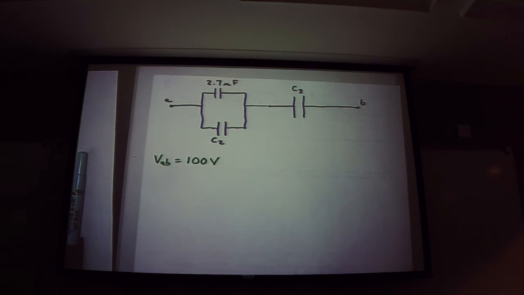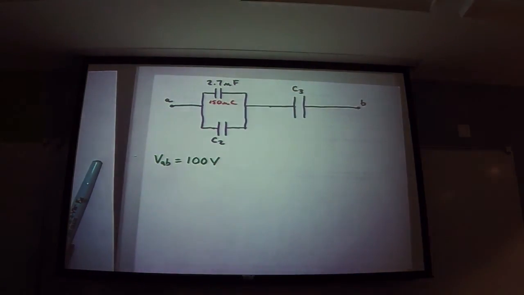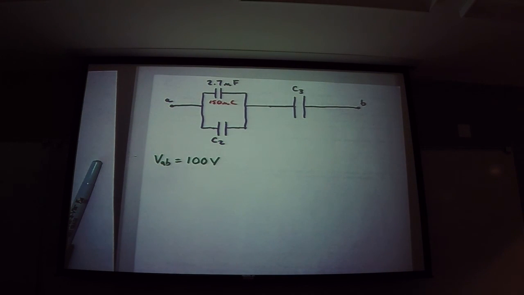The charge on capacitor C1 is 150 microcoulombs, and the charge on capacitor C3 is 450 microcoulombs.